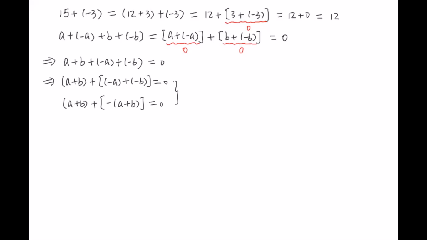Based on these two equations, we get negative (a plus b) equals negative a plus negative b. Basically, this term equals the sum of these two terms. From this result, we can see that the opposite of a sum of real numbers is equal to the sum of the opposites of the numbers. This is called the property of the opposite of a sum.